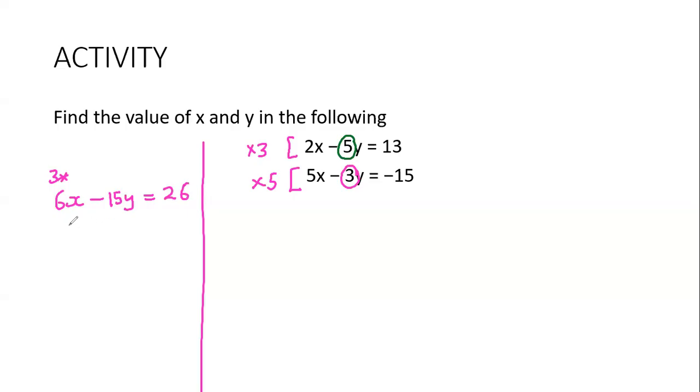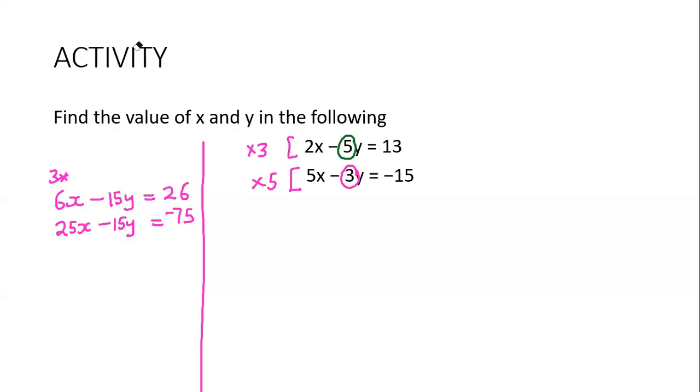Then down there, we have 25x minus 15y is equal to, what is 15 times 5? 75. But negative, don't forget the negative. Yes, negative 75. Okay, perfect. Thank you.